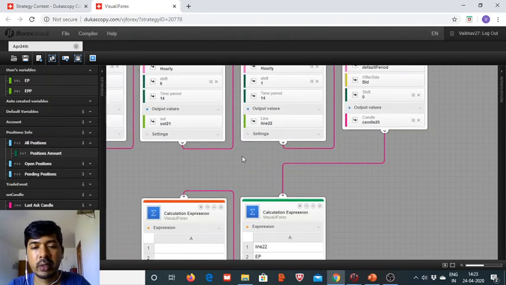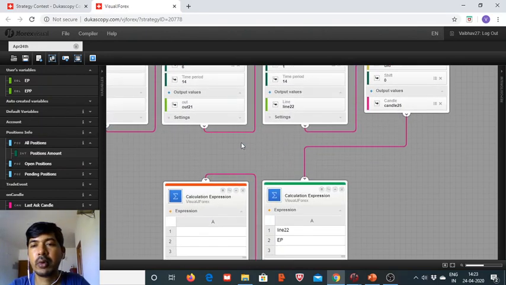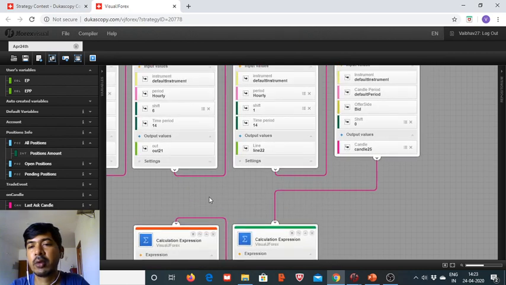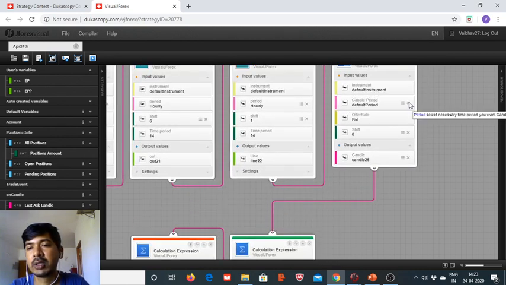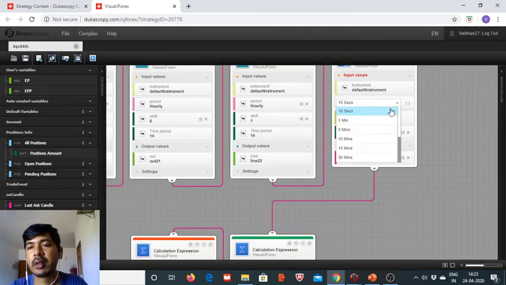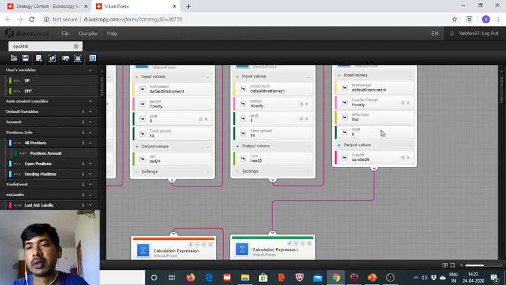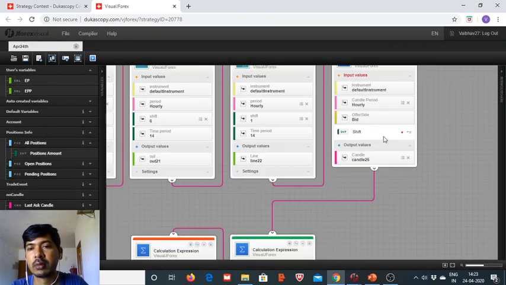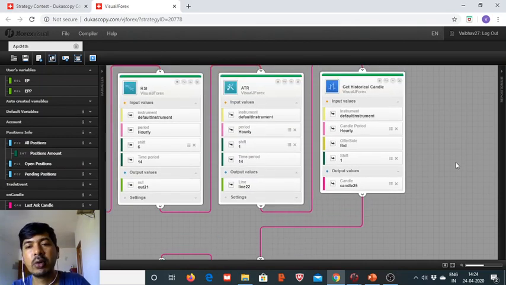And as I said, for the buy entry point, we will be looking at the candle 25 closing value. First, we need to change its default period to 1 hour, and then we'll come okay and shift 1. Hourly and shift, when it looks good.